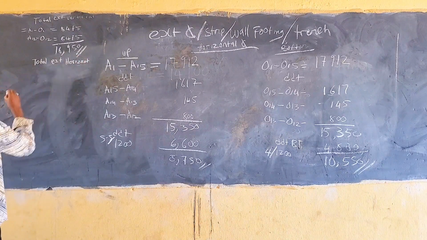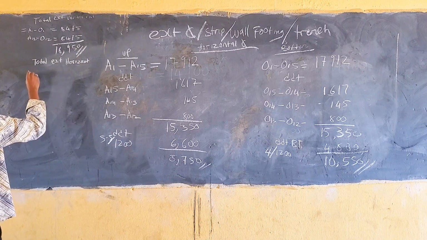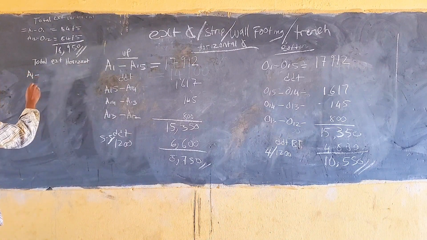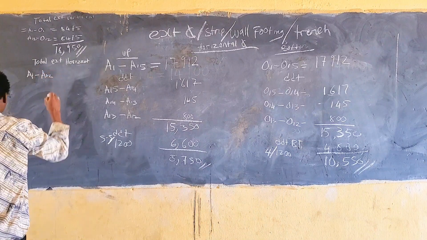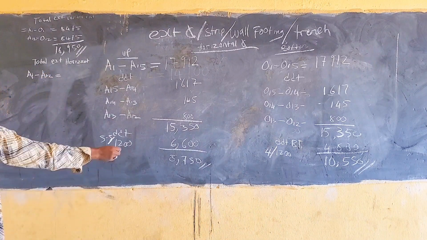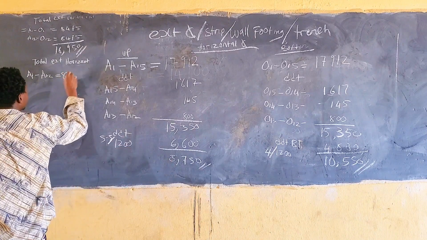Give us from A1 to A12. From A1 to A12, we got 8,750.